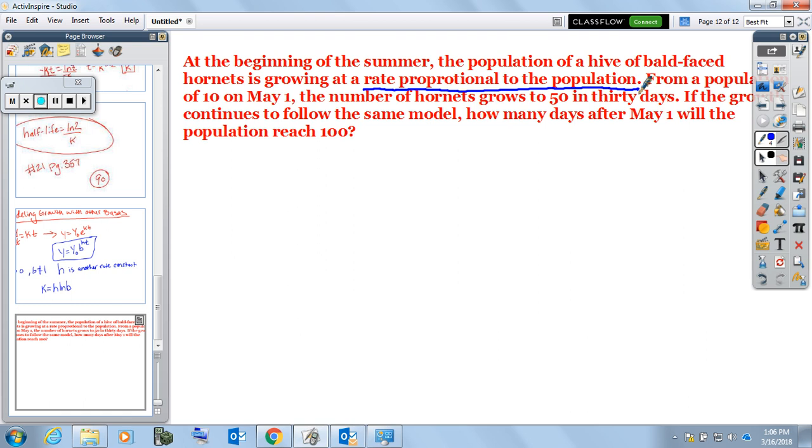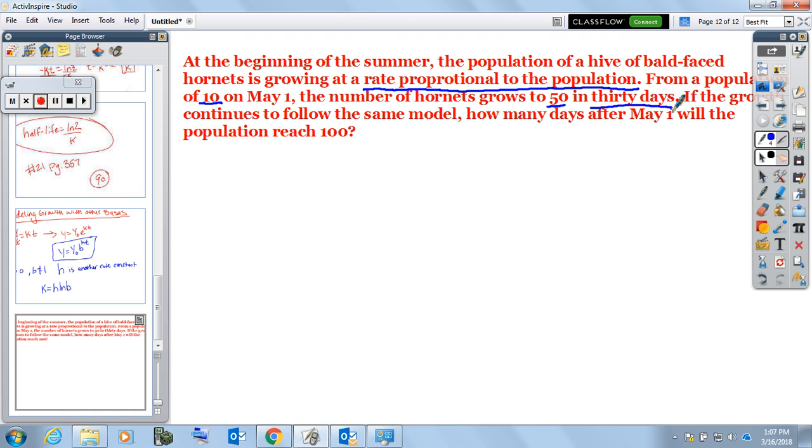From a population of 10 on May 1st, the number of hornets grows to 50 in 30 days. If the growth continues to follow the same model, how many days after May 1st will the population reach 100?